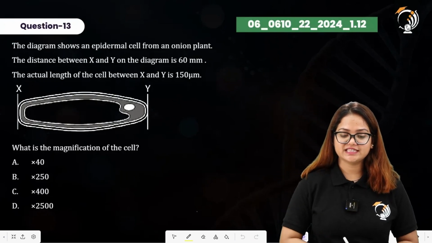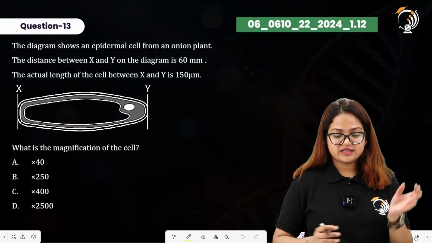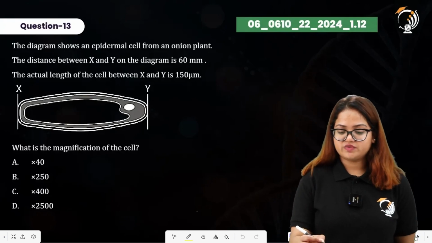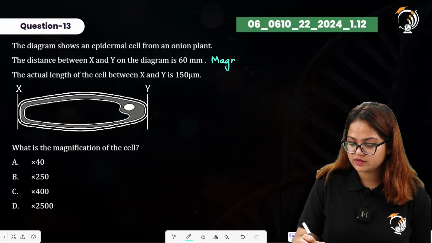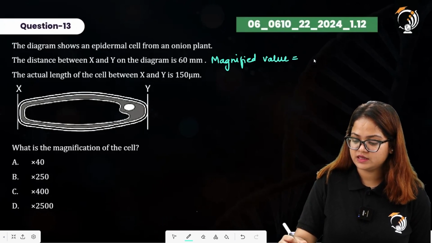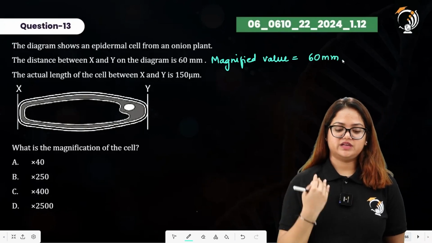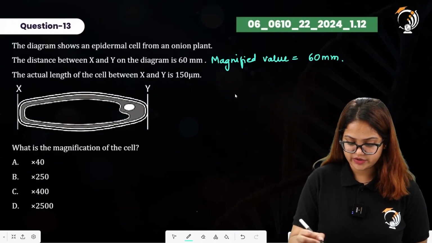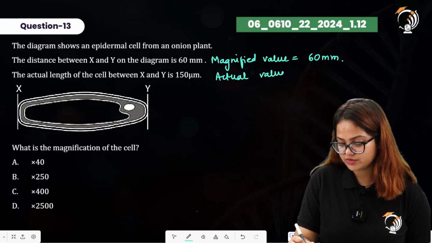Question number 13 says the diagram shows an epidermal cell from an onion. The distance between X and Y on the diagram is 60 millimeter. So we have got the magnified value. Magnified value here is 60 millimeter. You are provided with the actual size of the cell, that is 150 micrometer.